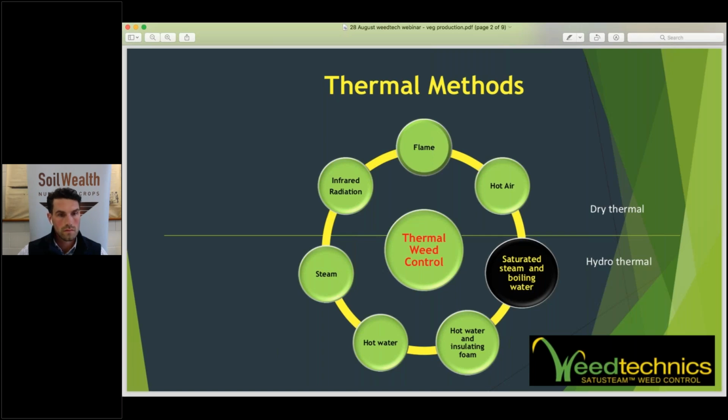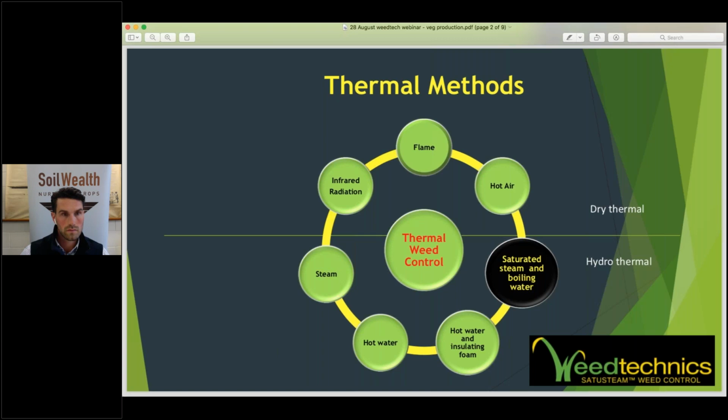And what we worked out was that by having a restrictor nozzle at the end of the applicator, we could maintain the pressure through the line from the boiler.